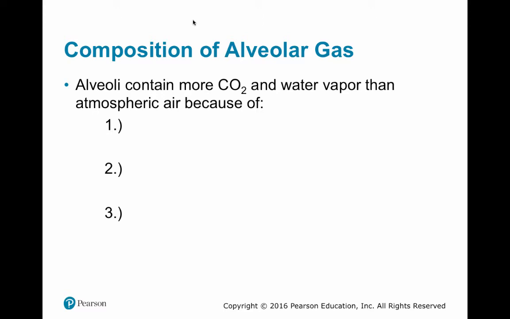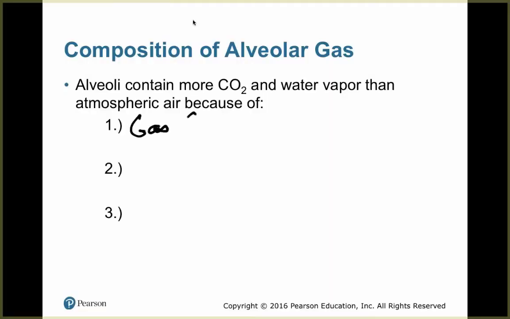So when we're talking about alveolar gas, alveoli actually contain more carbon dioxide and water vapor than atmospheric pressure does. And it's basically because of the fact that we have, to begin with, gas exchange. And so in the lungs, O2 is basically diffusing out of the lungs, right?